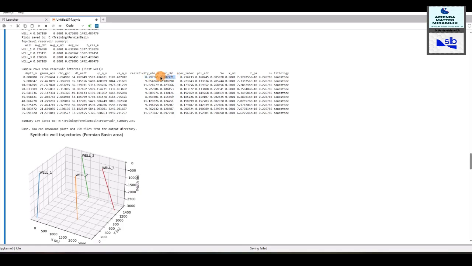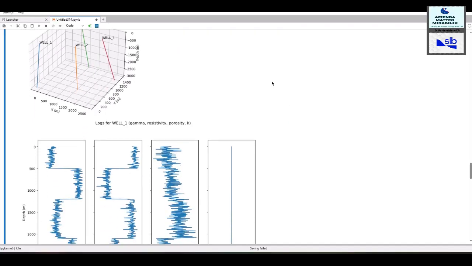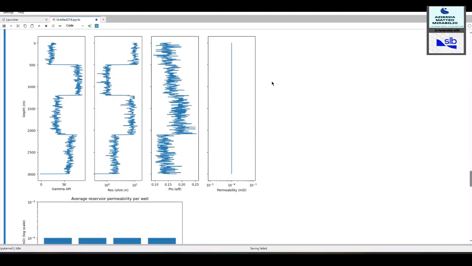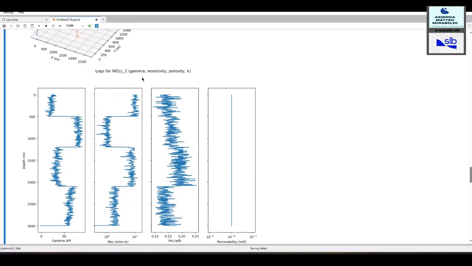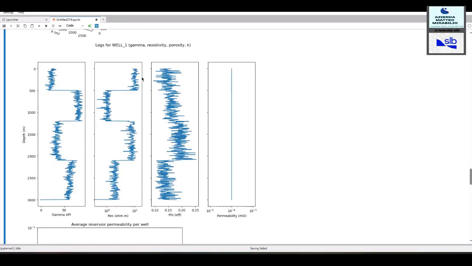We have registered also the magnetic resonance, the phi coefficient, the porosity and the water content, and you have also the following resistivity, the value of resistivity, and also we can evaluate the geomechanical parameters and correlate them to lithology. From the logs of well 1 we have the gamma ray, the resistivity and the porosity.